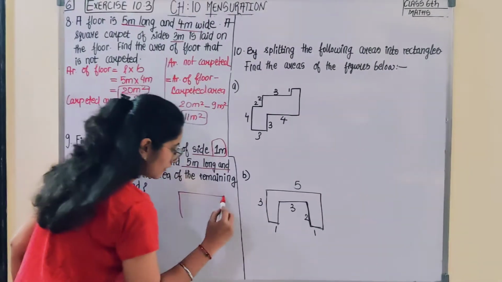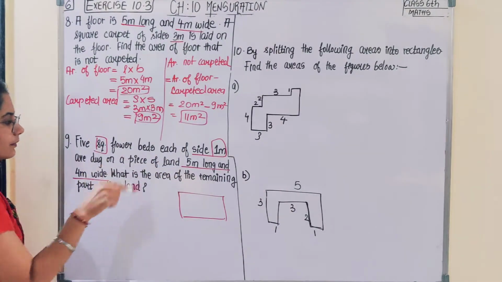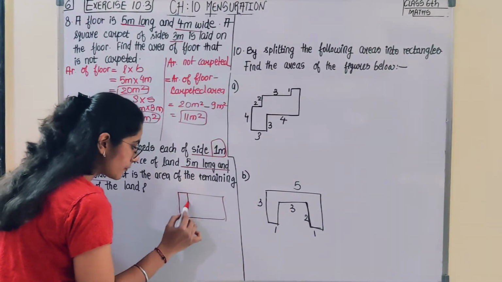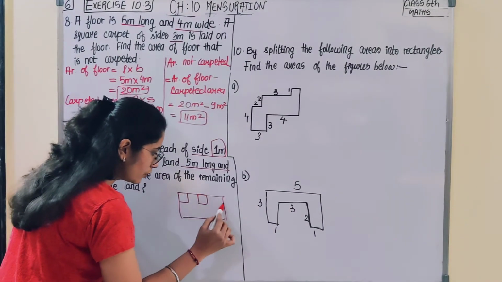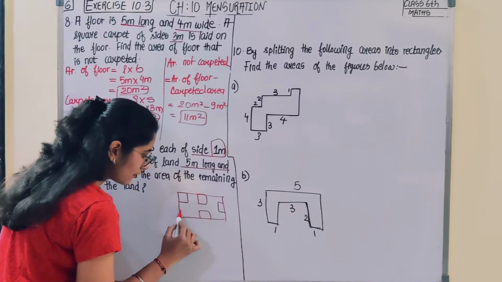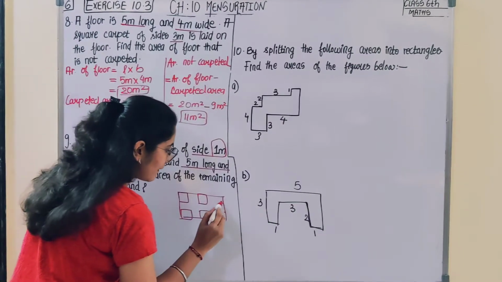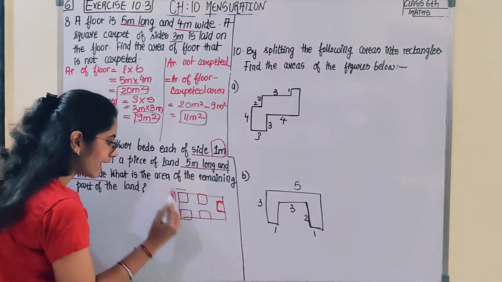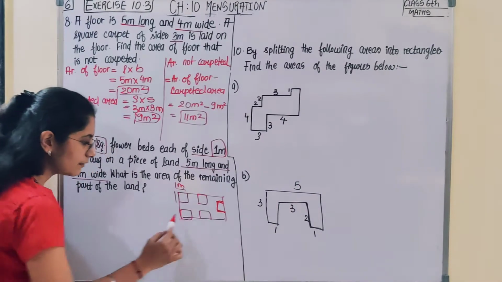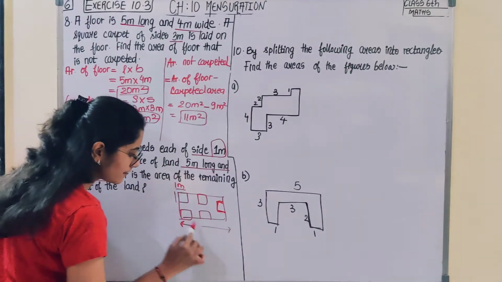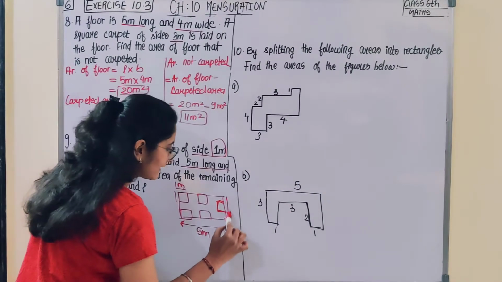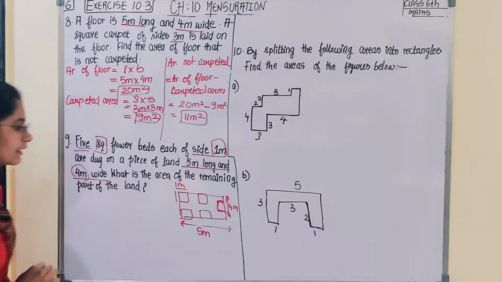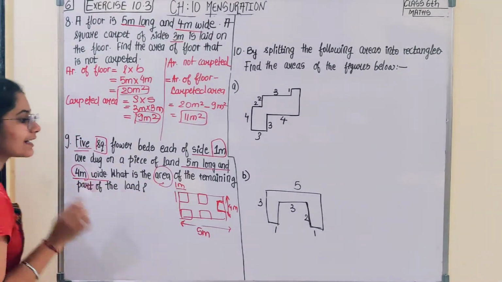So suppose this is a rectangular piece of land. तो इसमें कितने, 5 स्क्वायर फ्लावर बेड्स, ठीक है 1 2 3 4 5। तो 5 फ्लावर बेड्स को डग किया गया और हर एक स्क्वायर है और उसका साइड 1 मीटर है, बट द टोटल लेंथ ऑफ द रेक्टेंगल इज 5 मीटर एंड breadth is 4 meter. Now what is the area of the remaining land?